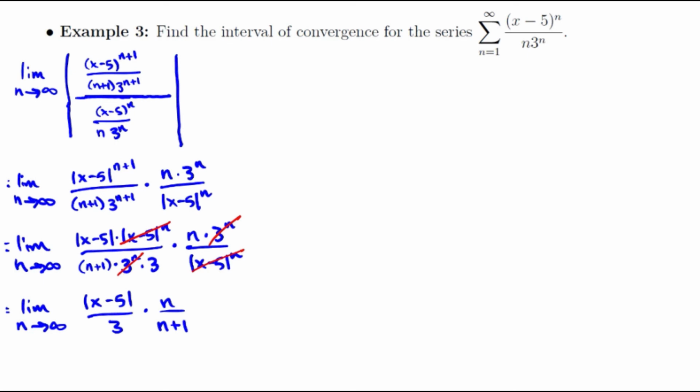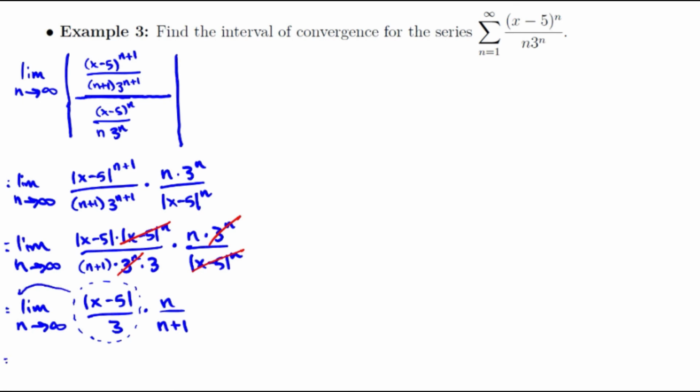Now, I want you to remember back in Calc 1, if you had a constant inside the expression you're trying to take the limit of, you could always pull that constant outside the limit, if it didn't have your n involved. And this thing, as far as n is concerned, is a constant. I know it's got an x in here, but that x is what we're ultimately going to try to solve for. That's not the n we're using in the limit. So you can pull that outside.